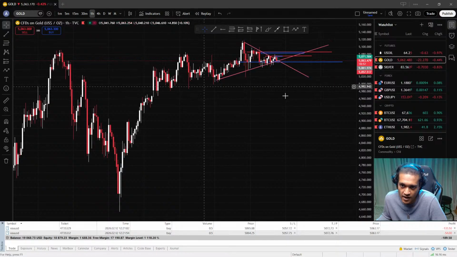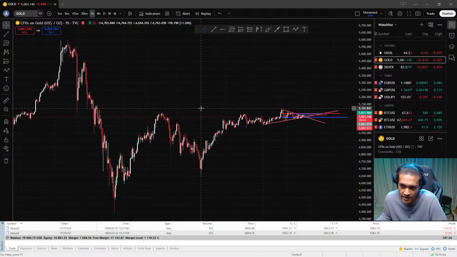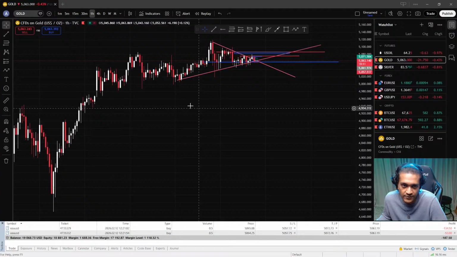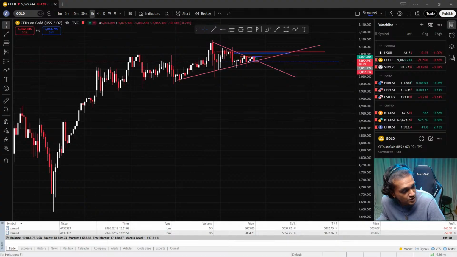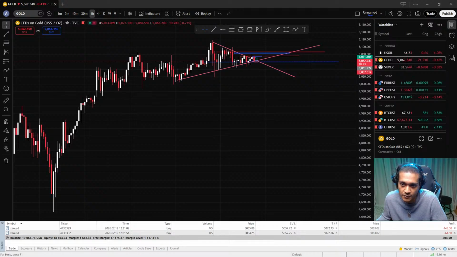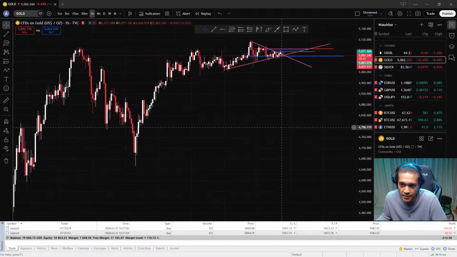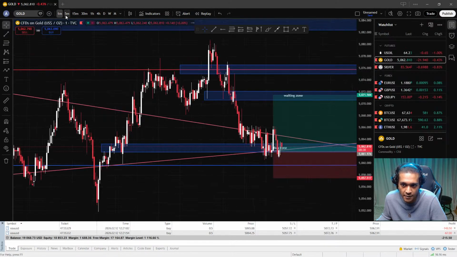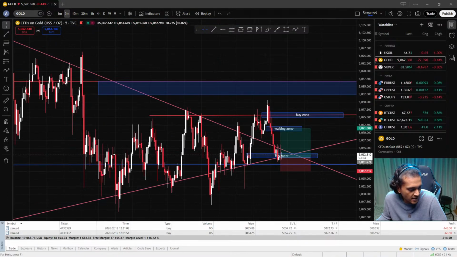Basically, this huge consolidation on H1 is the safe haven for gold right now. The next high impact news is tomorrow, Friday, and I think most everyone is expecting it to make a big difference for gold, whether it comes back further down or further up. That really depends on the consumer price index tomorrow at 9:30 p.m.